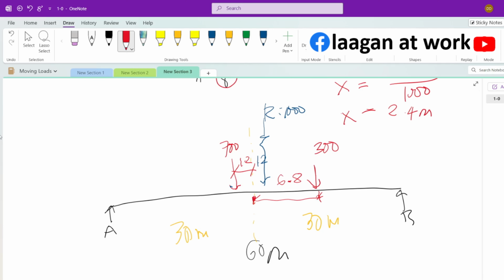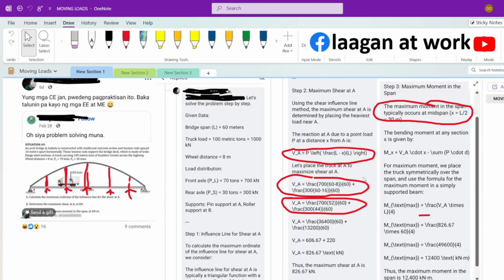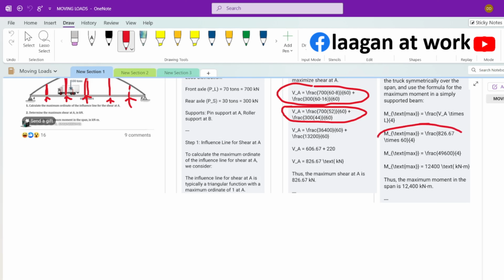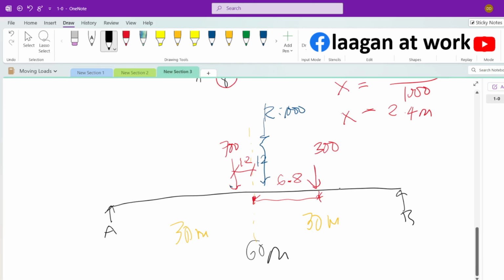Now, in his calculation, for some reason, instead of using the actual load, he used the shear, 806.67 times 60 divided by 4. That is the maximum moment of a simply supported beam with a concentrated load at the midspan.